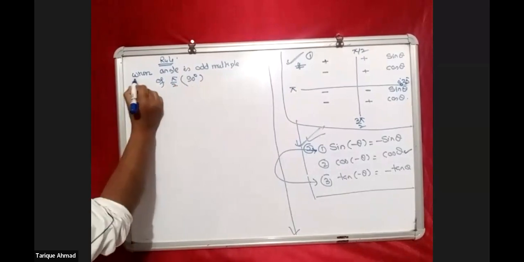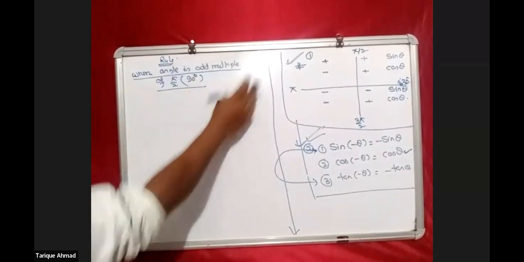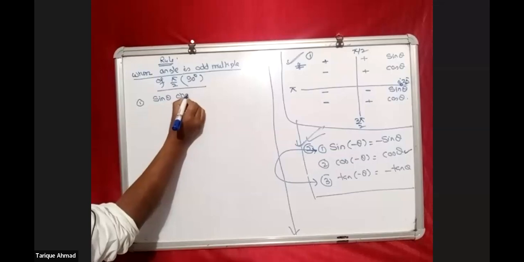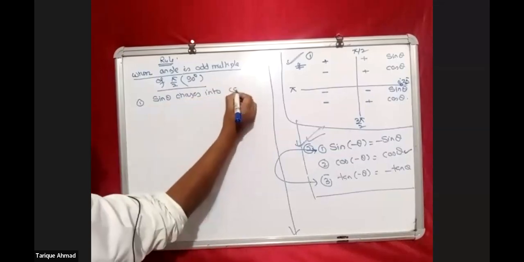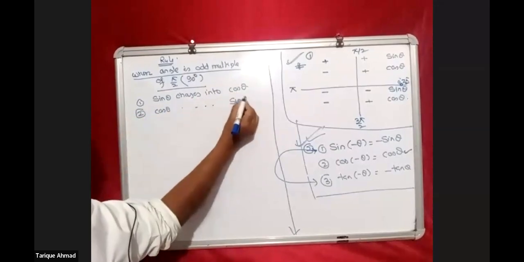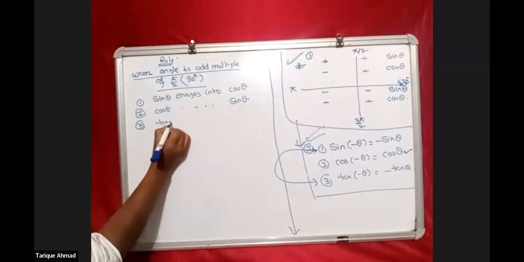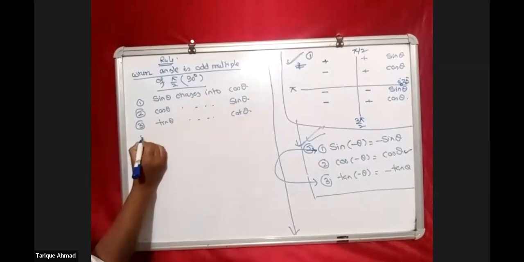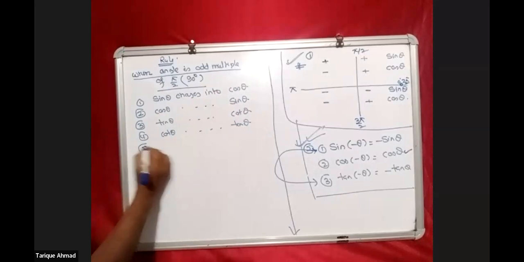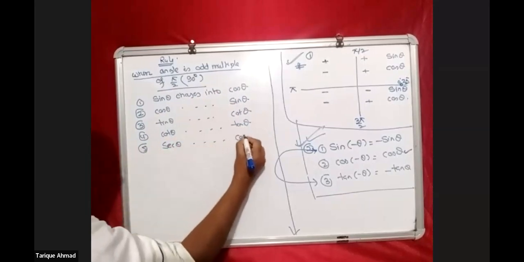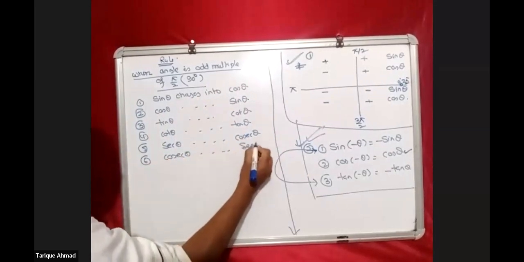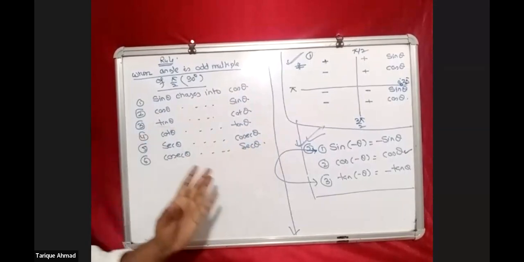So this is the rule: when the angle is an odd multiple of pi by 2, sine theta changes into cos theta, cos changes into sine, tan changes into cot, cot changes into tan, sec changes into cosec, cosec changes into sec. This is the rule we learned in class 10th.